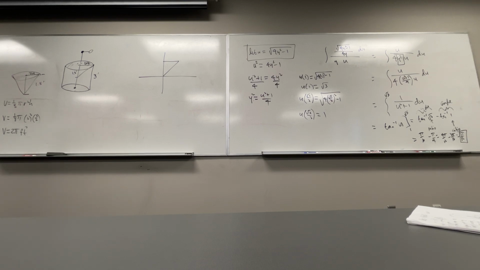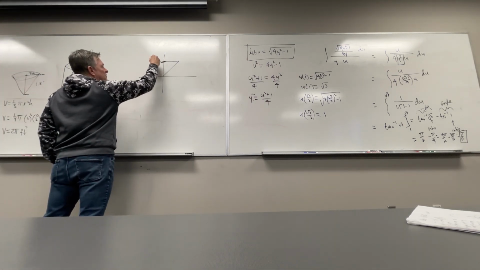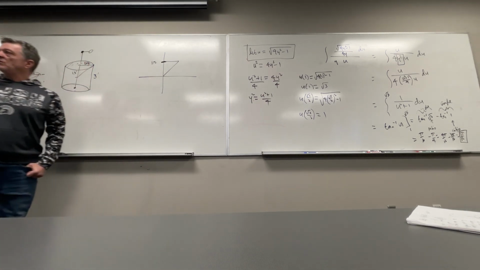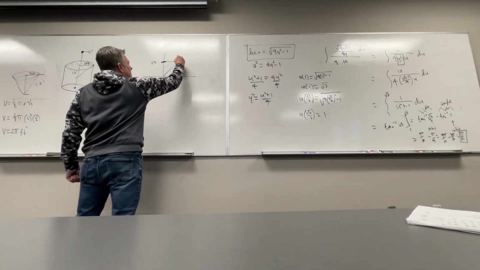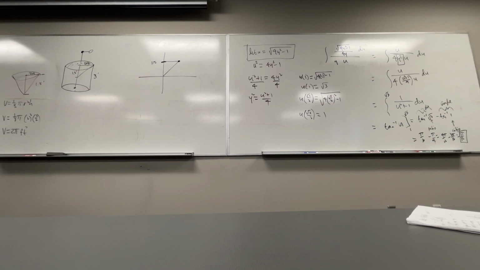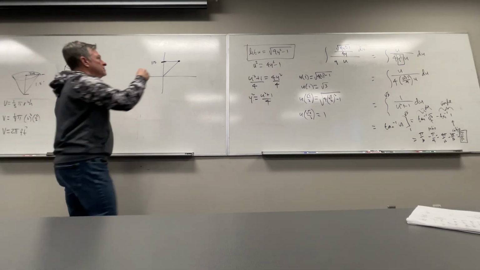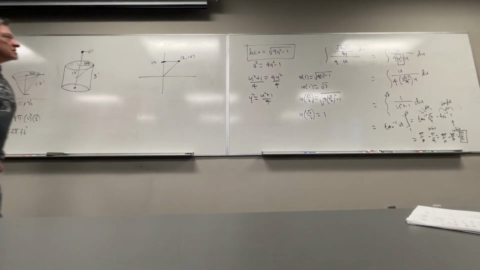Okay, so let's think about this for a second. That point right there would be 1.5 on the y-axis, right? What would be the coordinates of that dot right there? 2, 1.5. Yeah, very good. All right, so could I find the equation of that line?